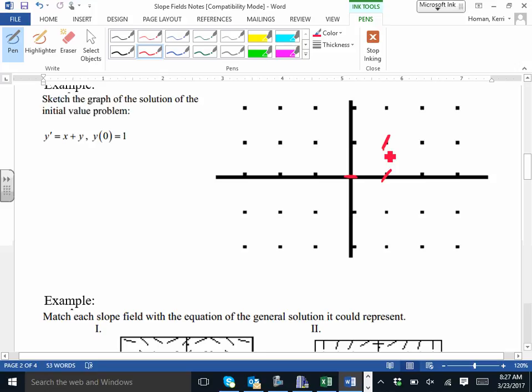Okay, I would like you and your pod to work together and get all of these slopes for this slope field. You will see some patterns because of the x plus y. And if you pick up on those patterns, please use them. Do not move to the next example without me.